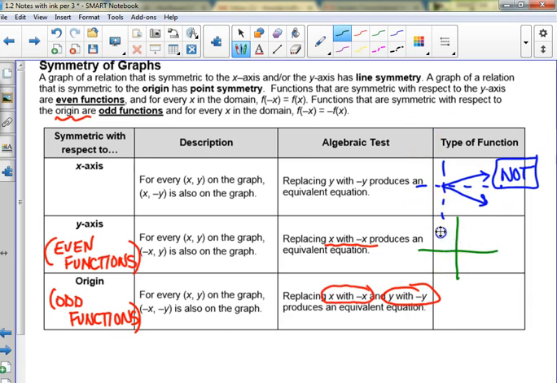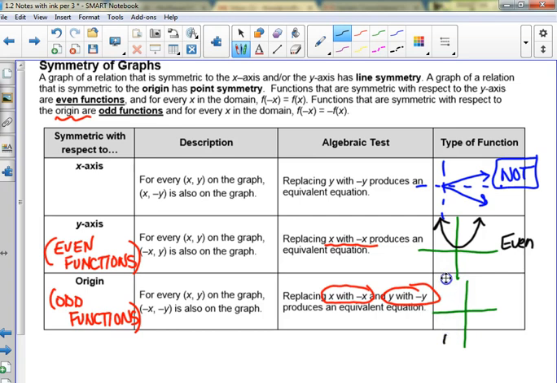So this would be an even function, and it has y-axis symmetry. And this is in a graph.